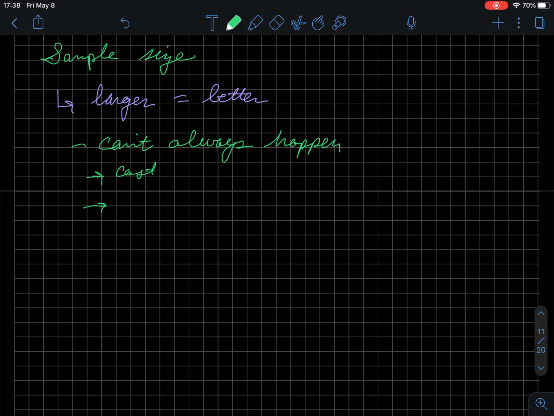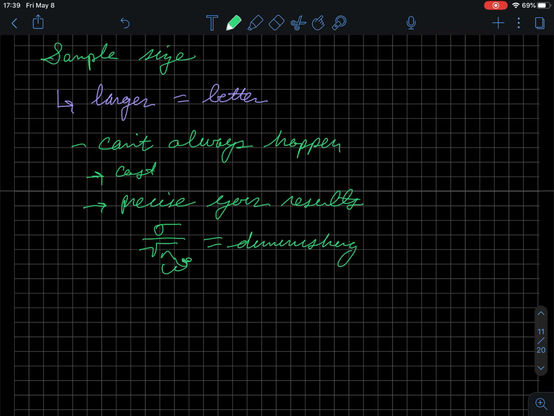But you also have to make decisions about how precise you want your results to be. Do you want a really small standard error, or do you want something that is relatively big? You'll recall that the way that we figure out standard errors is with this formula. But this little square root radical right here tells us that there are diminishing returns with sample size.